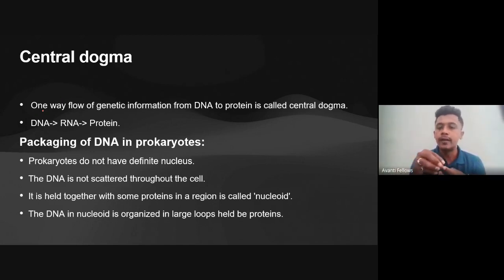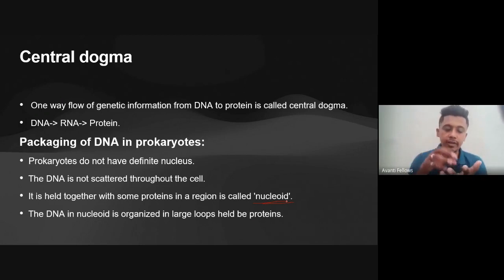There are certain proteins by which this DNA is held together, and this entire region where the protein holds all this DNA together is called a nucleoid. So the entire nuclear structure of our prokaryotes, we call it a nucleoid, right?